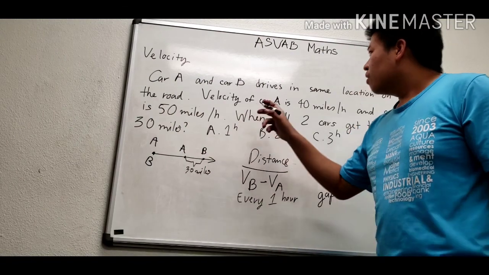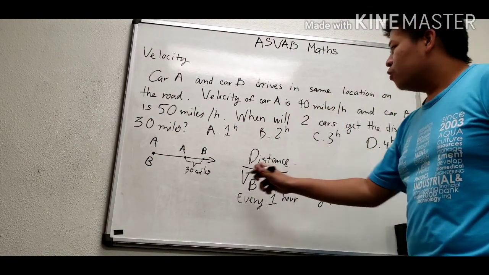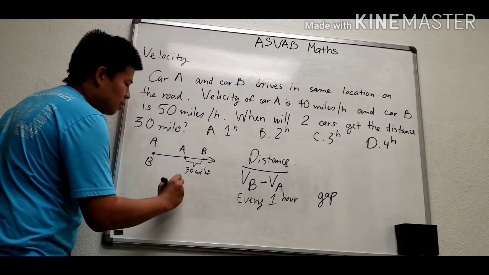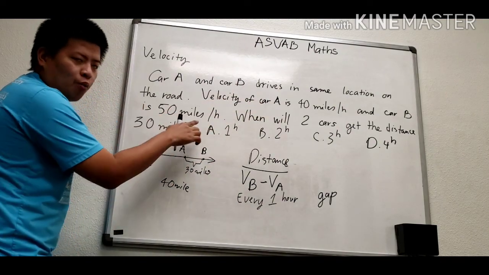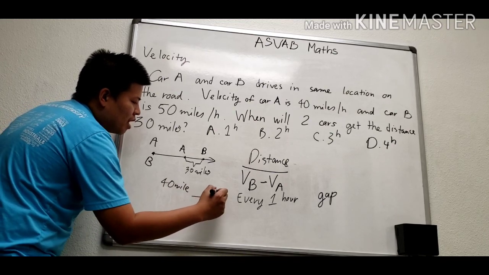For example, in 1 hour, car A will go 40 miles. But car B, in 1 hour, goes a little bit faster, going 50 miles.